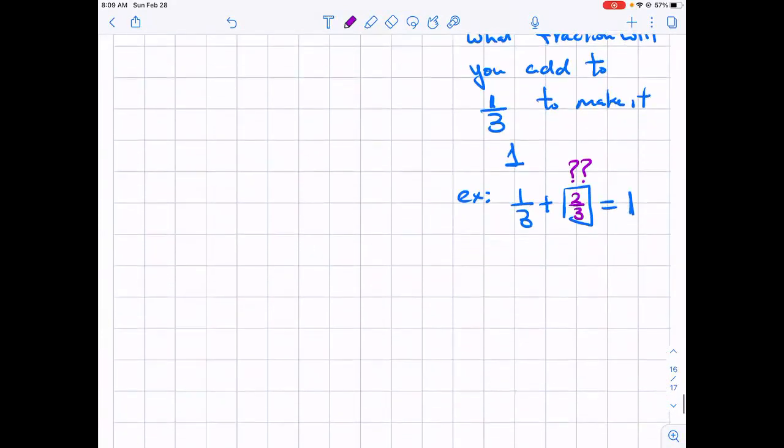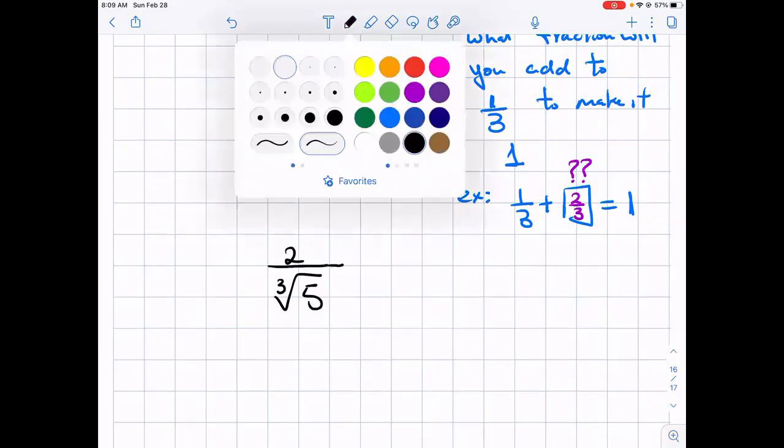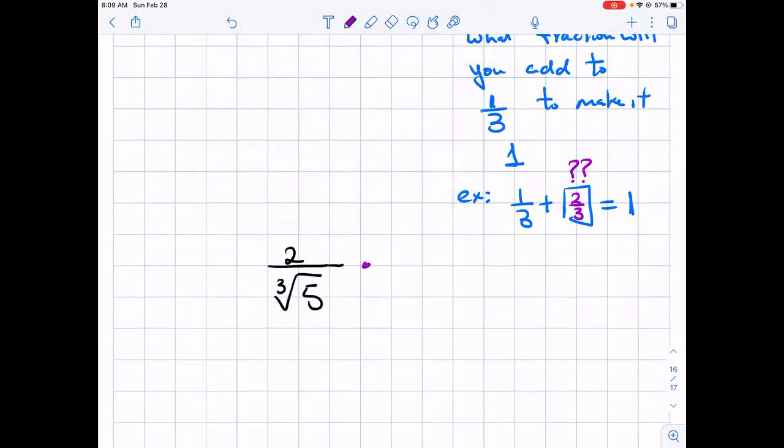So for our example, 2 over the cube root of 5, we multiply by the conjugate, which is the cube root of 5 squared.